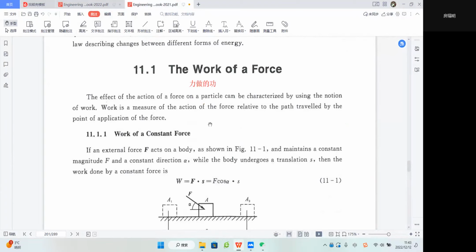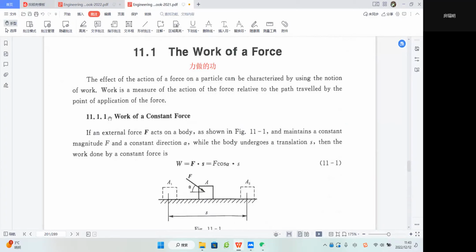So here we do the same thing. First, we talk about the effect of the action of a force on the particle can be characterized by the notation of work. So what is the work? Work is the measure of action of force relative to the path traveled by the point of application of force.